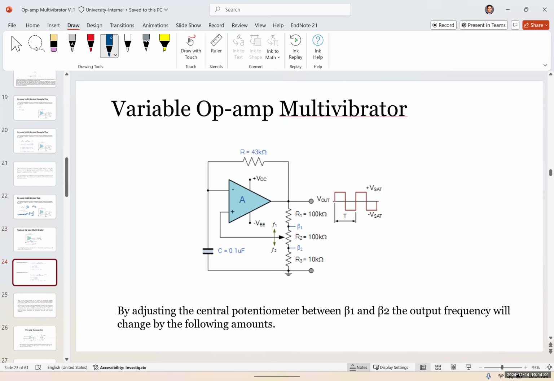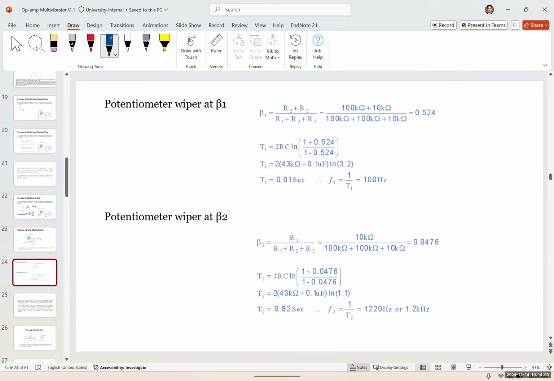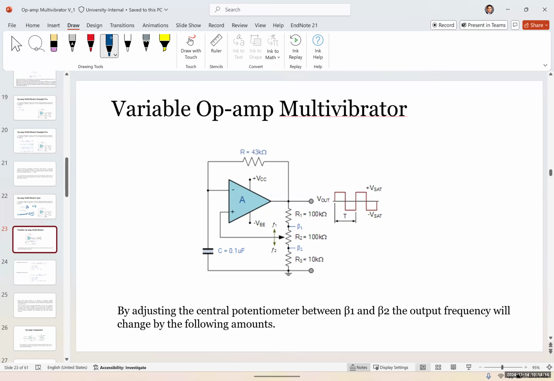So by adjusting the central potentiometer between beta 1 and beta 2, the output frequency will change by the following amounts. If the pot wiper is at beta 1, then beta 1 is R2 plus R3, again here. If it's at here, then we have these two combined. So beta 1 would be R2 plus R3 over R1 plus R2 plus R3.